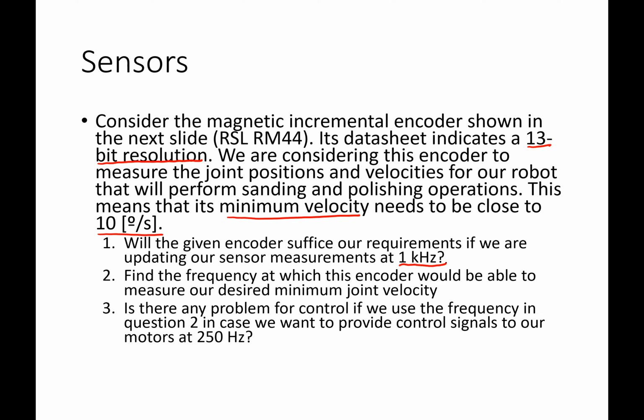Already from the question, you can tell that the first answer is no. But we need to justify our answers, so that's what we're going to do in the next slides. Then we need to find the frequency at which we can satisfy the requirements. And finally, the last question is a bit of analysis: we need to understand if there will be problems if we try to perform control at 250 hertz.